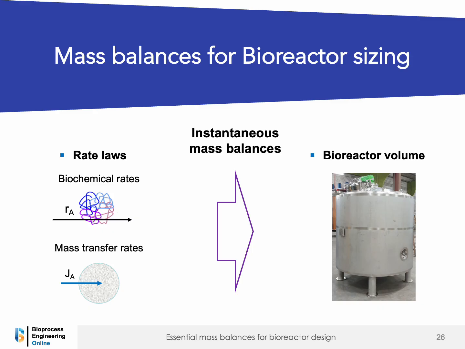A third major application of instantaneous mass balances in bioprocess engineering is the sizing of process equipment, particularly bioreactors. In this case, instantaneous mass balances are used to determine bioreactor volumes from known reaction rate or mass transfer rate laws.